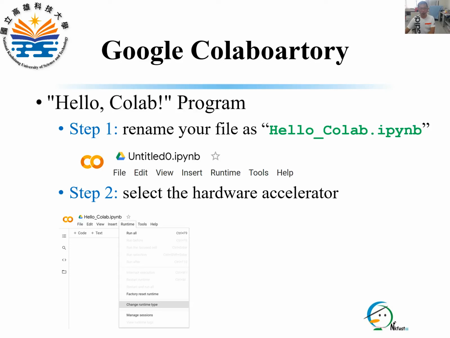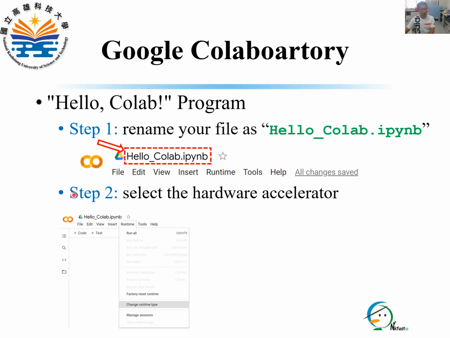After briefly introducing the Colab IDE, we start to use Colab for writing the first Python program called Hello Colab. The first step is to rename your notebook as Hello Colab, and then set the hardware accelerator by selecting the Change Runtime Type item.